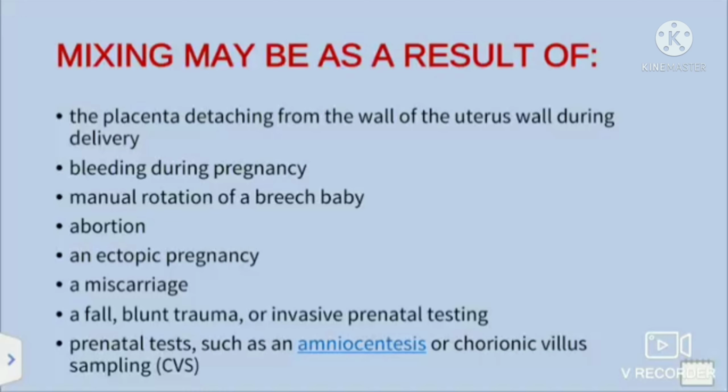Or in case of abortion, ectopic pregnancy, miscarriage, a fall, blunt trauma, or invasive prenatal testing, there can be chances of mixing of blood of the mother with the fetus. Other prenatal tests such as amniocentesis or chorionic villus sampling may also lead to the mixing of the blood.